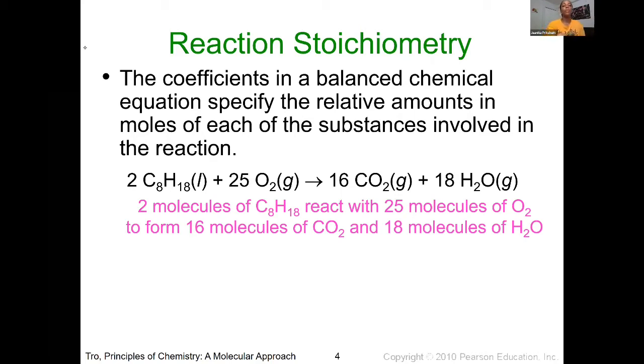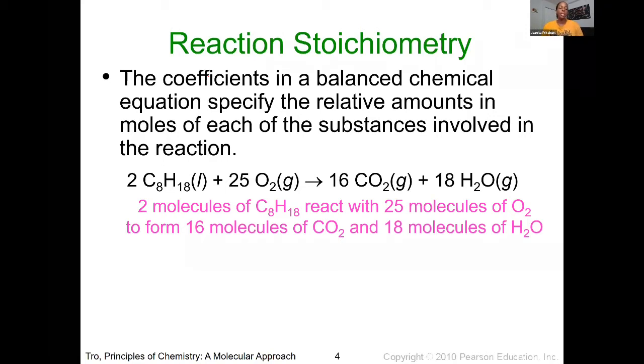The coefficients have to be balanced in a chemical equation in order to get ready for this stoichiometry piece. After we balance an equation, we can read those numbers that we put in the coefficient position in a molecule or atom idea.